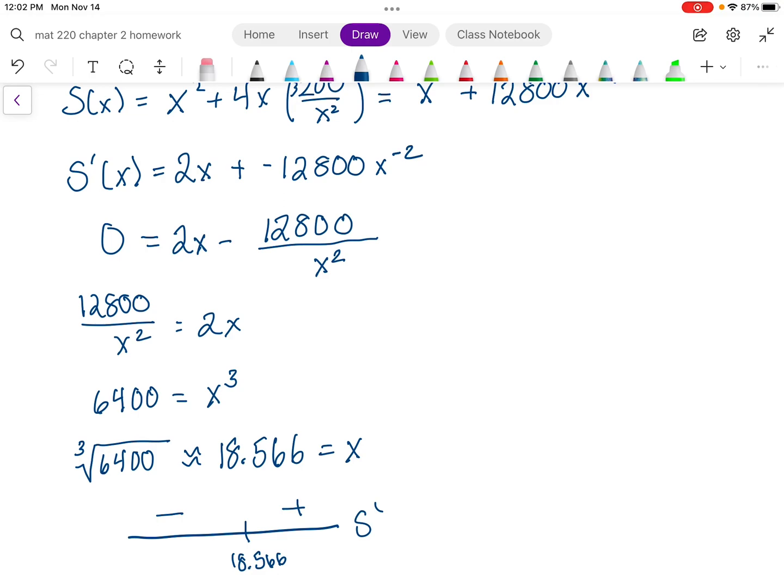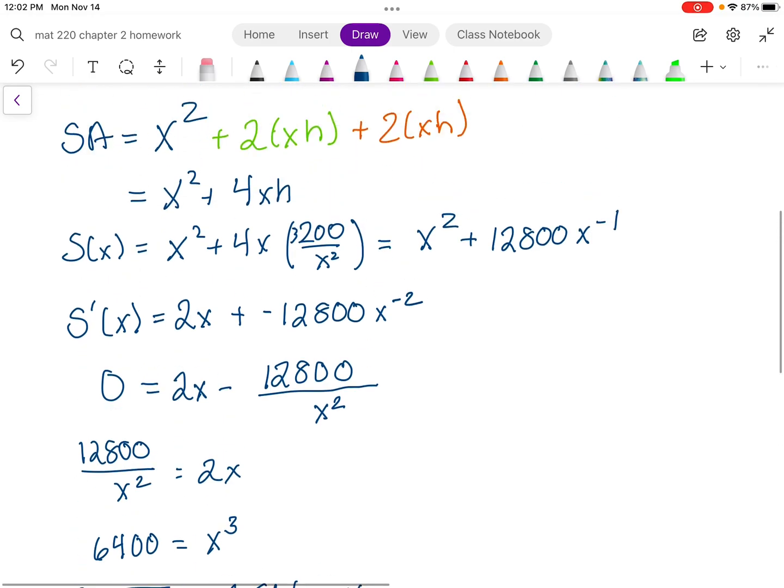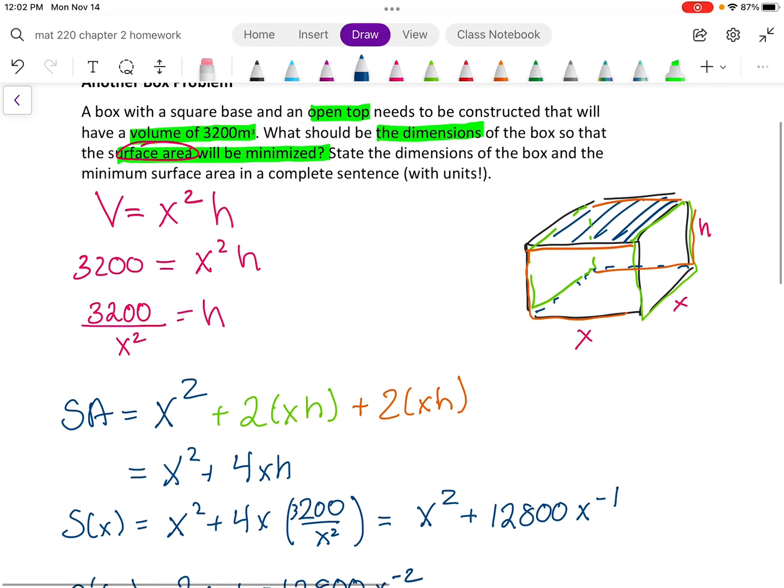Okay, what is the question asking us? We always go back and double check. So we want to state the dimensions of the box with a minimum surface area and the minimum surface area.